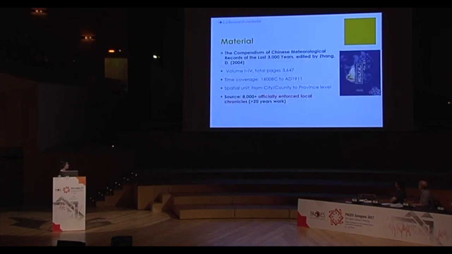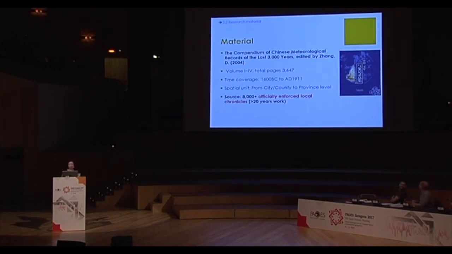This is our primary data source. It is a Chinese compendium of meteorological records of the past 3,000 years. This compendium is edited by Professor Zhang. Some of you might already know about it. Very briefly, it has 4 volumes, and the total pages cover over 3,600 pages.